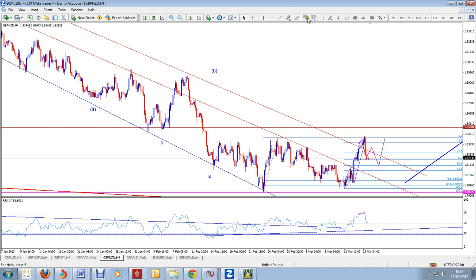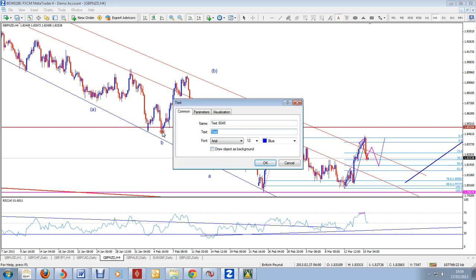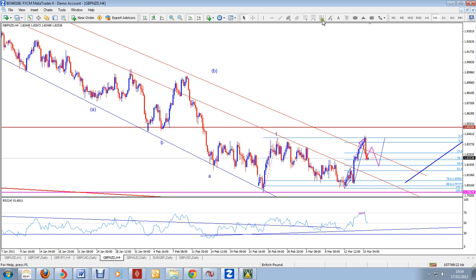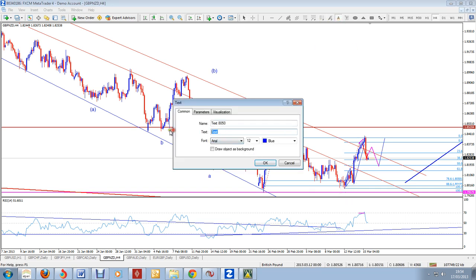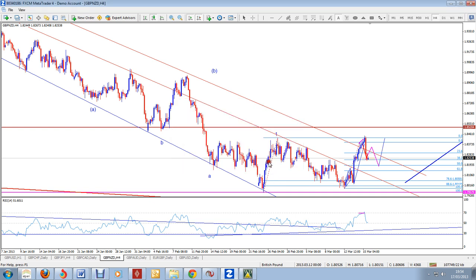So my feeling is that this is actually a wave 1, and as much as it doesn't make sense, or we were not sure, I think this is the wave 2.